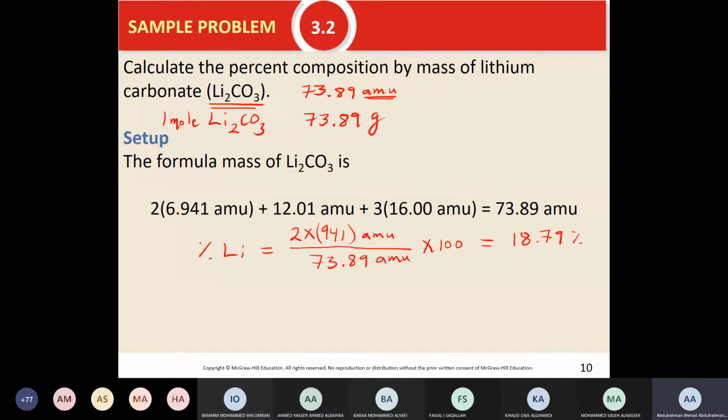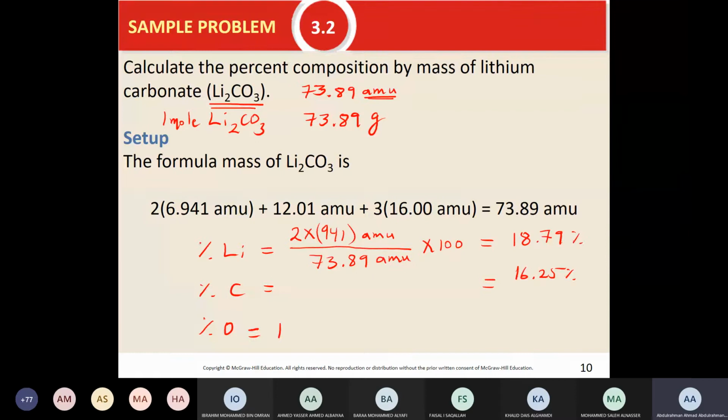Okay. What's the percentage of carbon? One times 12.01 divided by 73.89. Oh, no. 16.25%. Good. Now I don't want you to calculate oxygen this way. What's the percentage of oxygen?